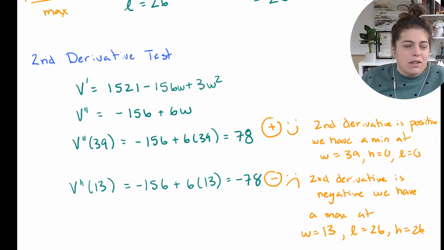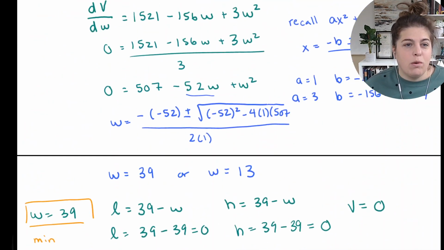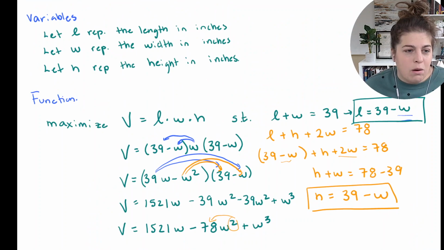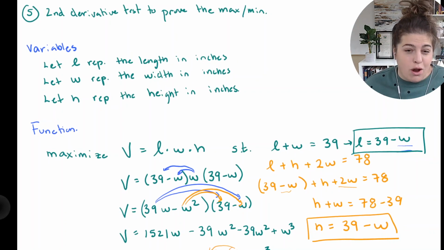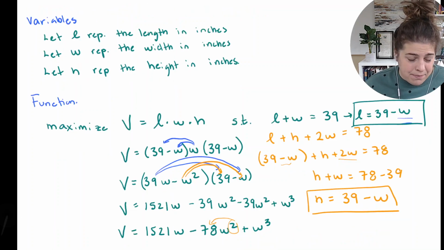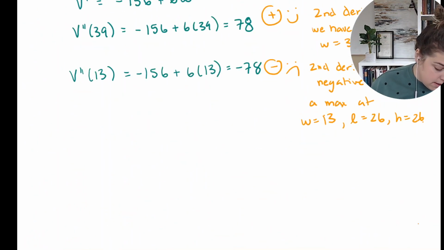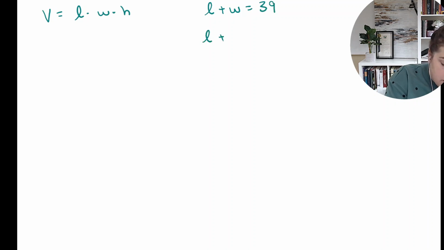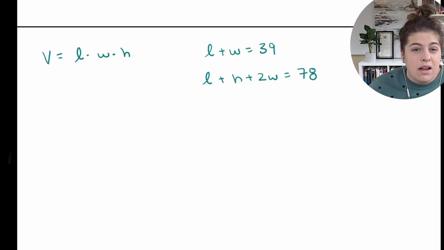Now, I will say we only ended up having to solve with the quadratic because of how I chose to rearrange these equations here. If you had done this with your volume of length, width, height, and we had those two constraints, length plus W is equal to 39, length plus height plus 2W equals 78, okay?